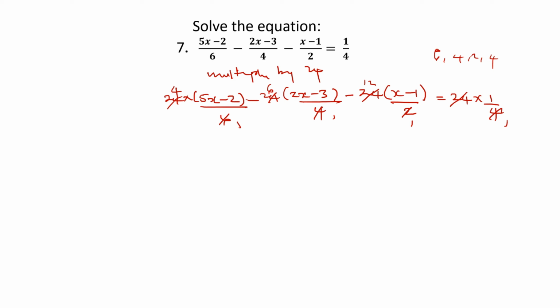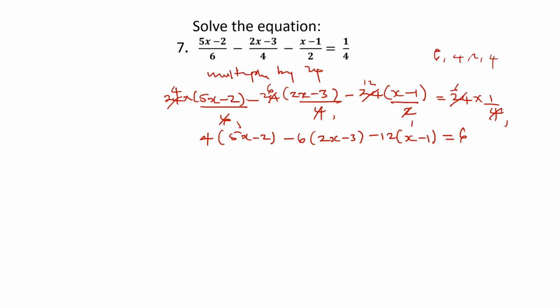Let's rewrite this one: 4 bracket 5x minus 2, minus 6 in bracket 2x minus 3, minus 12 in bracket x minus 1 is equals 6. Remember 4 into 24 is 6. 6 times 1 is 6.